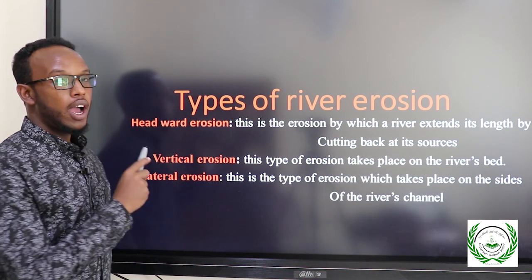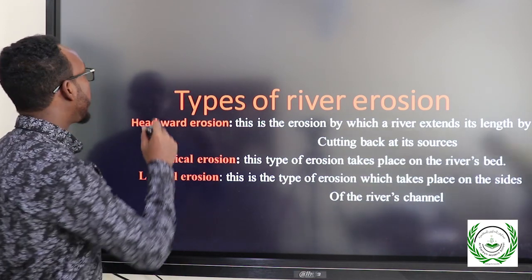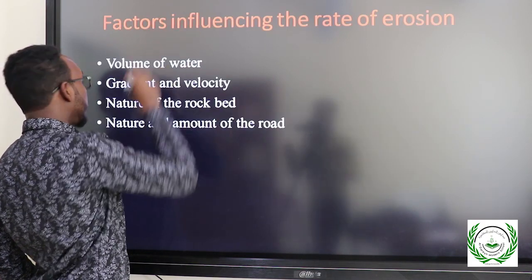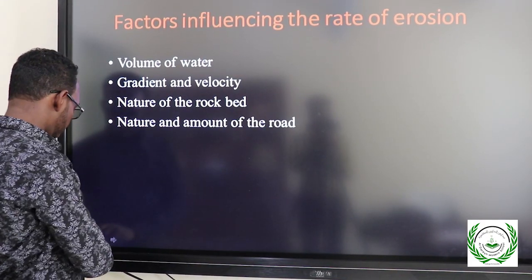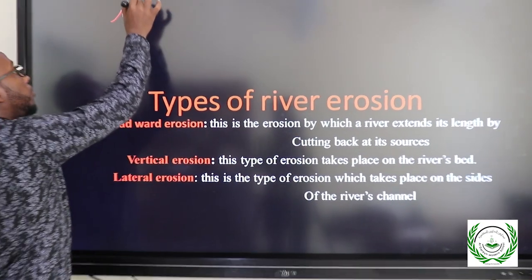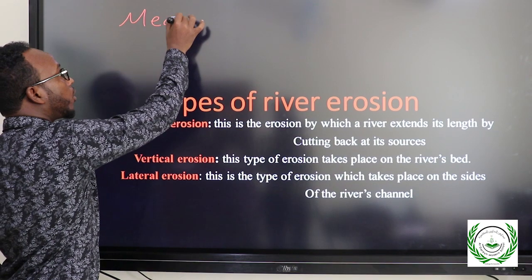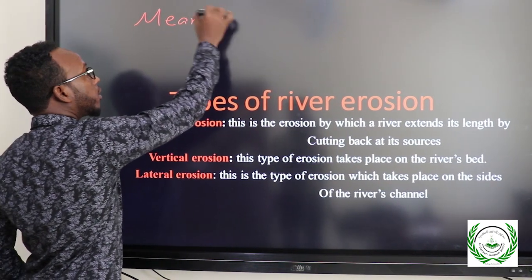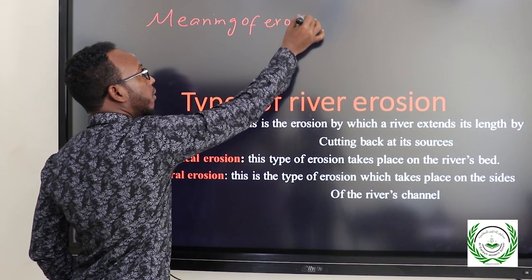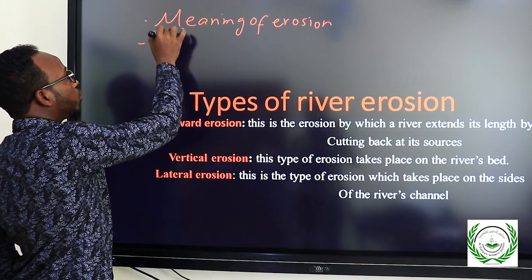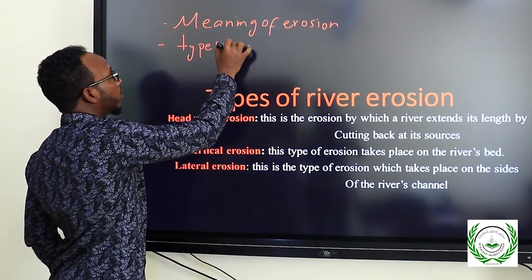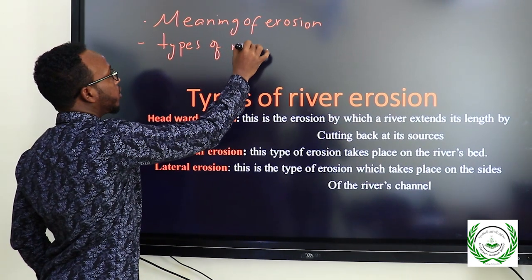So students, you have to keep in mind we have done the meaning of erosion in the last period. We also did the types of river erosion.